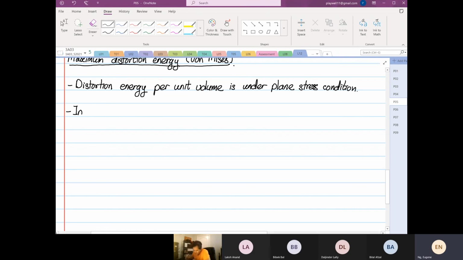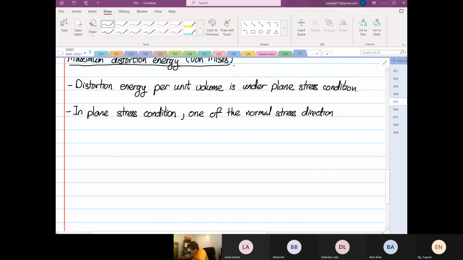So in plane stress condition, one of the normal stress directions must be equal to 0.